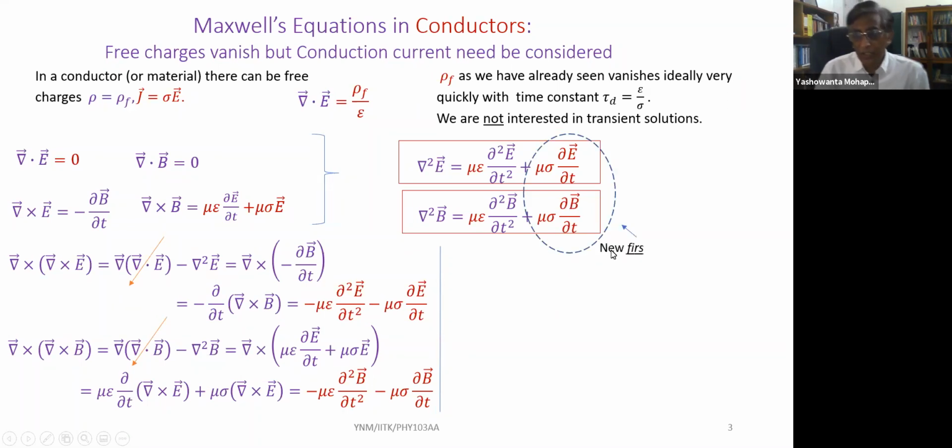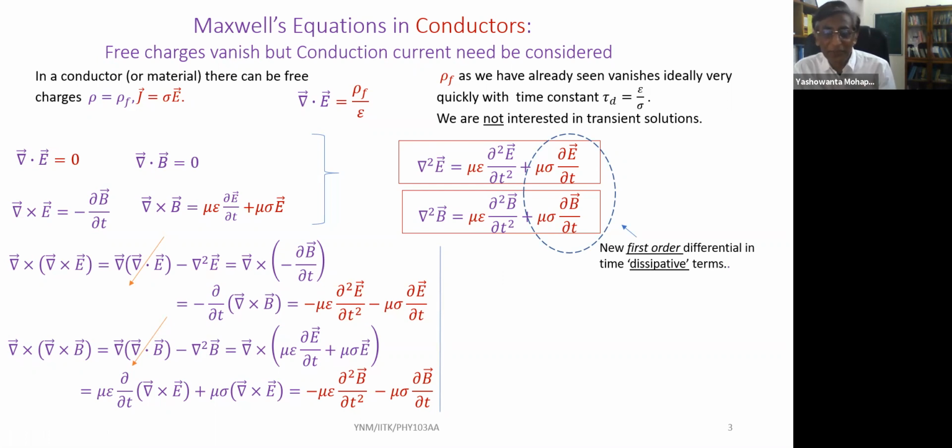Now, what is the addition? This new first order differential in time, which you can see as like a friction term, is a dissipative term. So these two dissipative terms now appear in our otherwise perfect wave equation that was obtained in the case of vacuum or even in the case of a perfect dielectric, because of the introduction of the current.